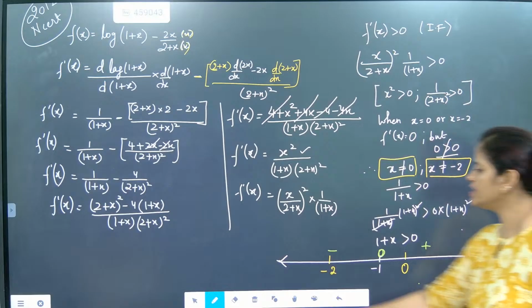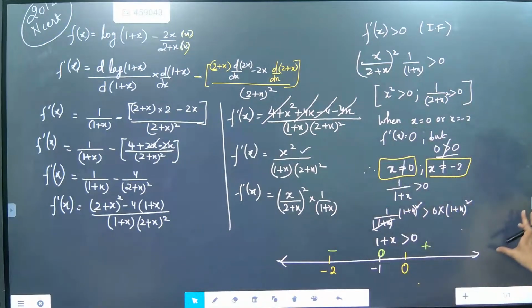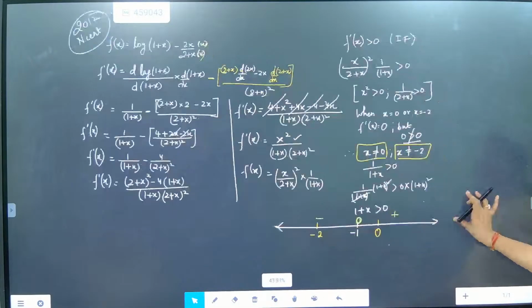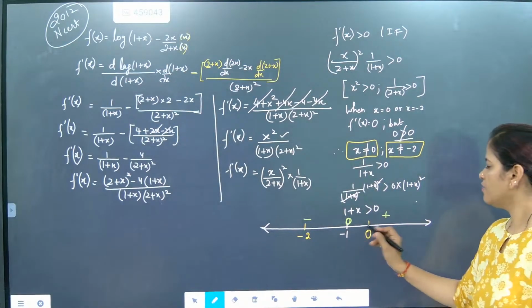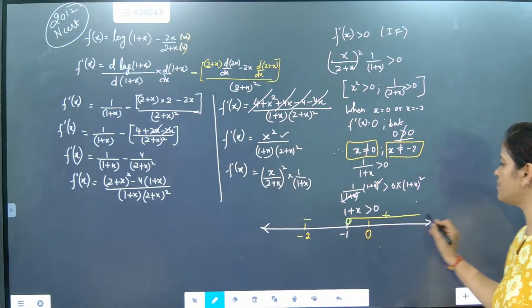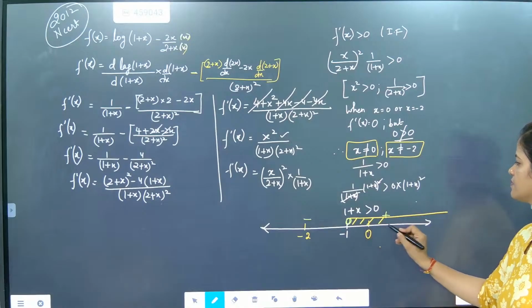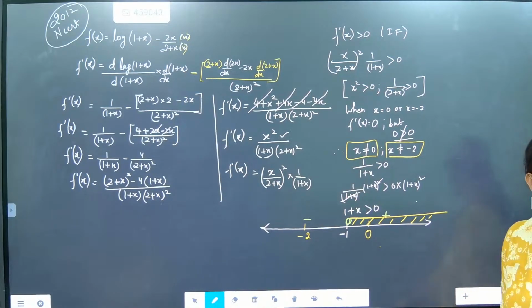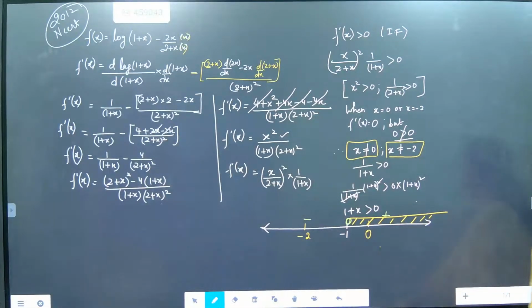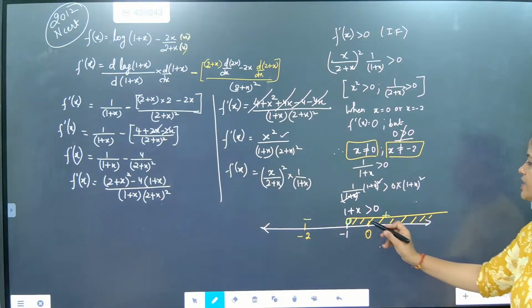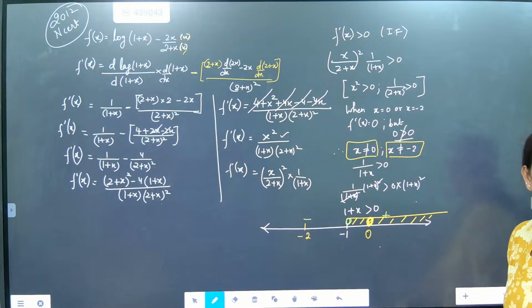Now beta, for the increasing function, what are we going to do? Come on children, say. For the increasing function we take the greater than 0 part. So for an increasing function it will be greater than 0. Here, the interrupting points will not be increasing.